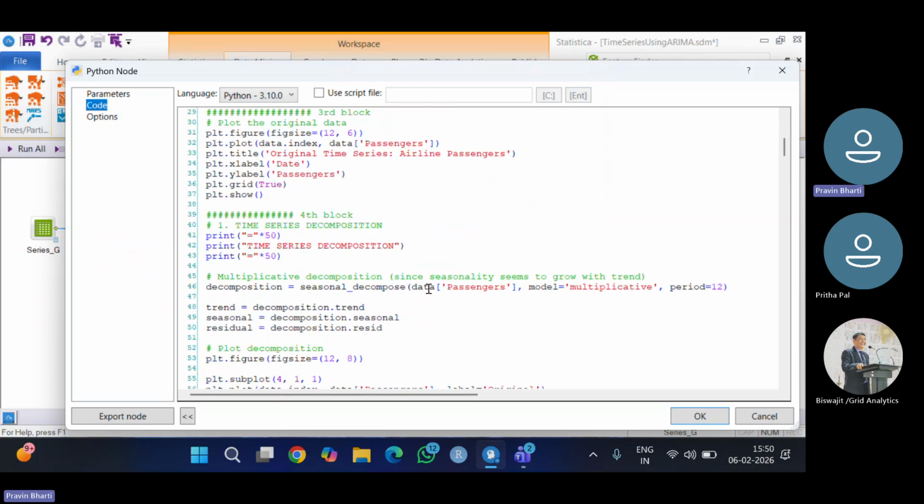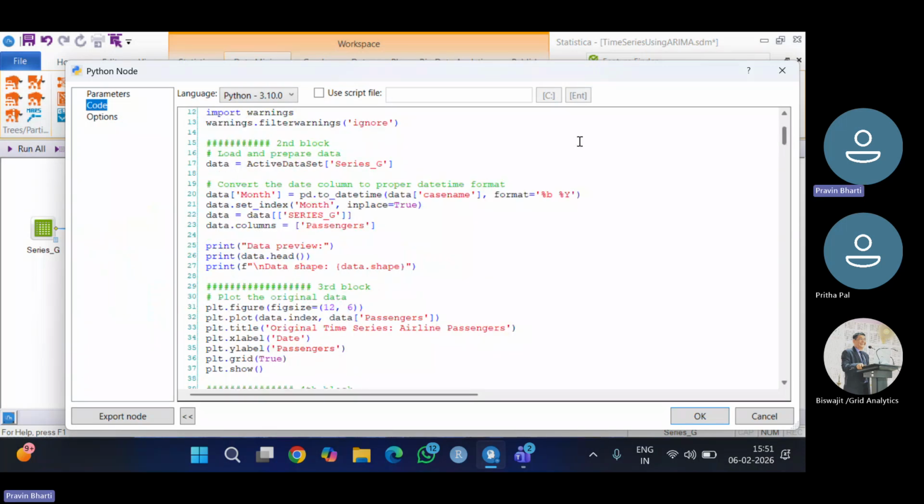Now go to the second block. The second block is mainly for the data preparation. So this extracts the active dataset series G from the active dataset and converts the text like January 1949 into a datetime index, and keeps only the passenger count column and renames it to passengers.